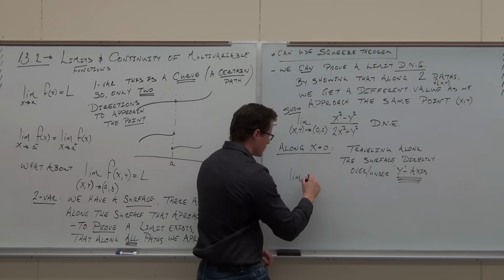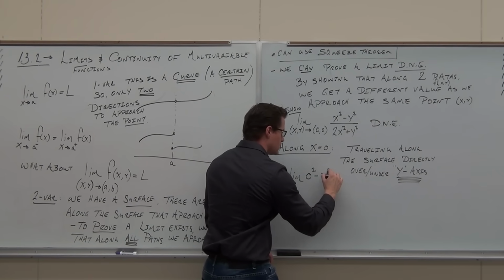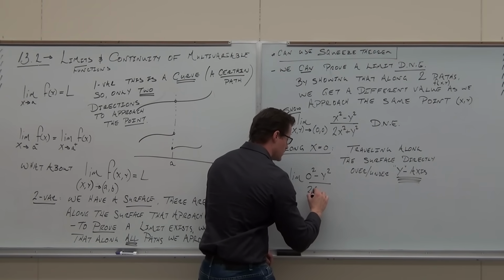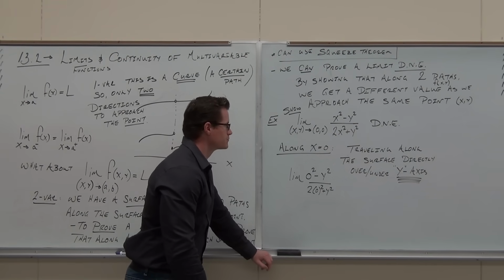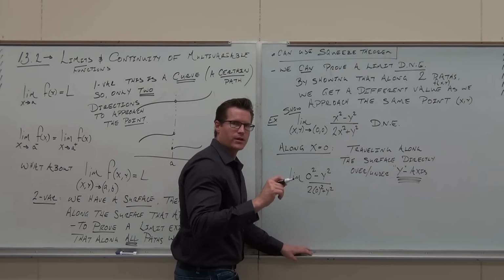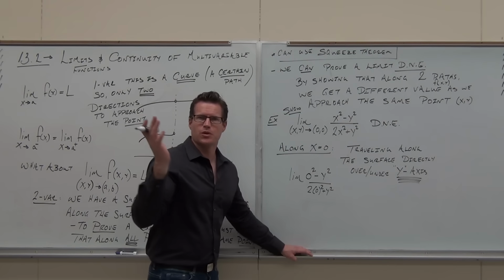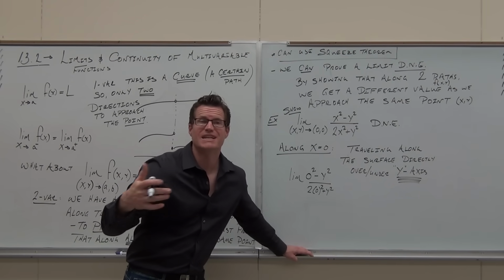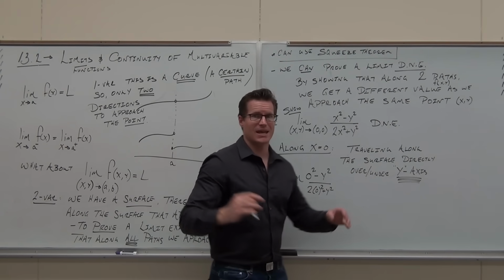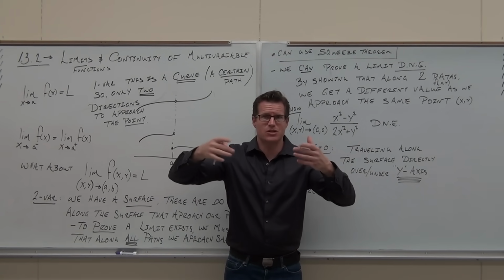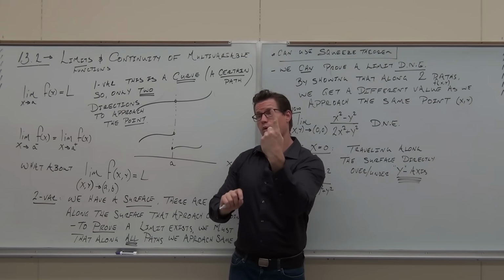If x is 0, how much is x? 0. But wait for it. As what approaches what? Is x approaching anything anymore? No, we don't even need it because x is fixed. So what that allows us to do is basically take a 3D limit and change it into a 2D limit. Or take two independent variables and make it one independent variable.